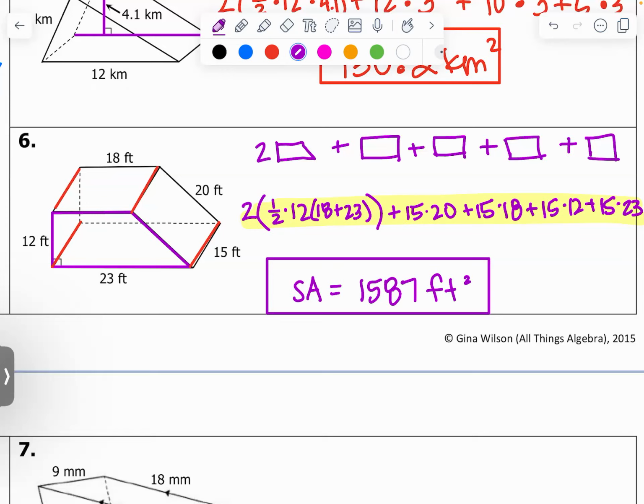I got 6,060. So 15 times 23, arrow over. 15 times 12. I got 1,240. I got 1,000. No, it's 5.